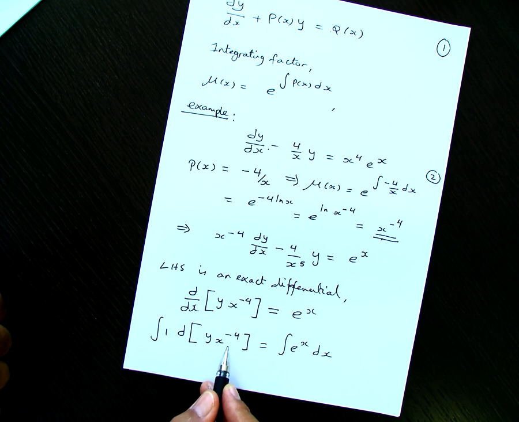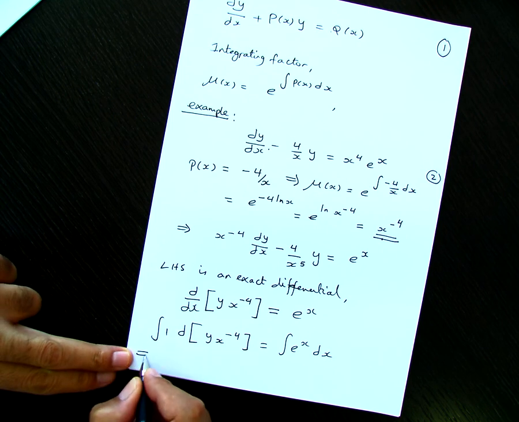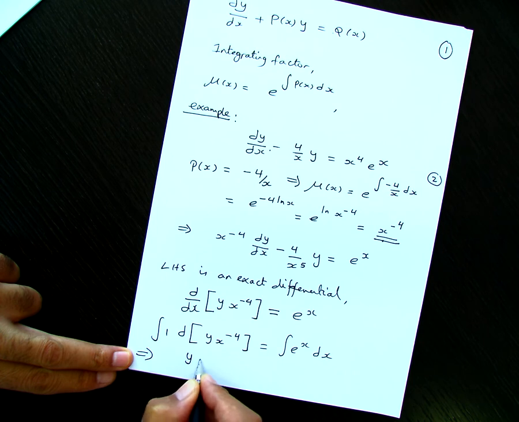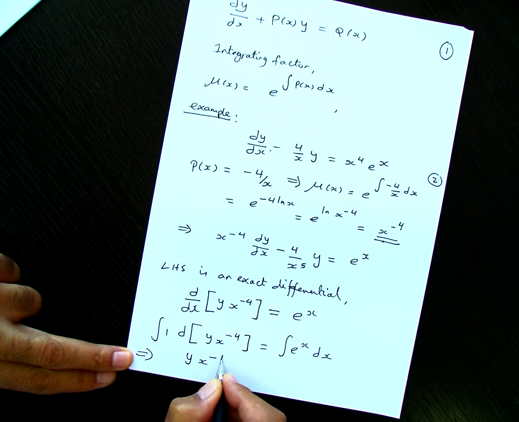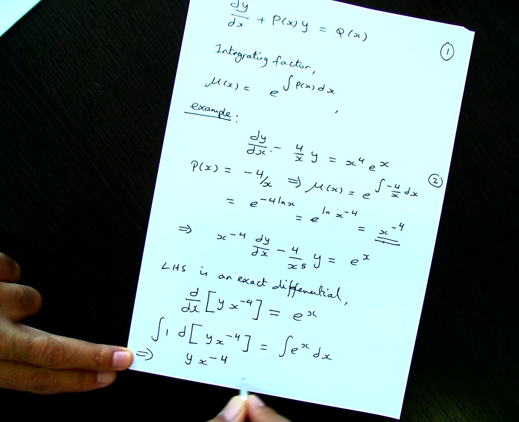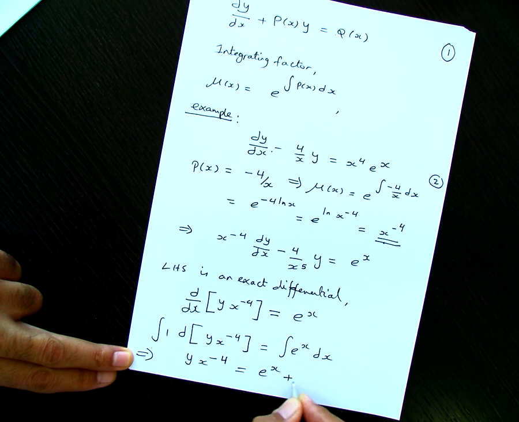You could, for convenience, call this capital X, and if you integrate 1 with respect to capital X, you will just get capital X. So this means that the left hand side will be just y times x to the minus 4, equal to the integral of e to the x dx, which we can identify as e to the x plus a constant.